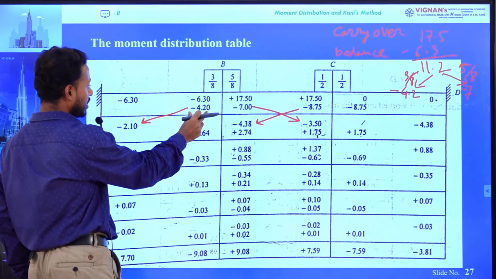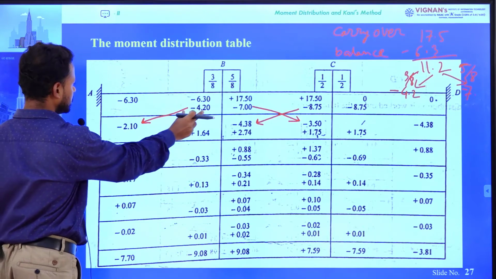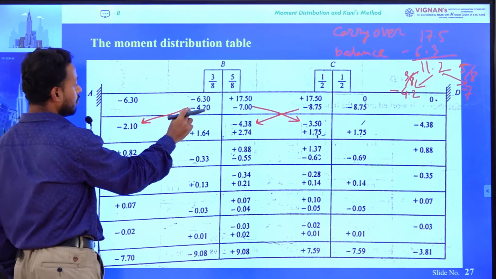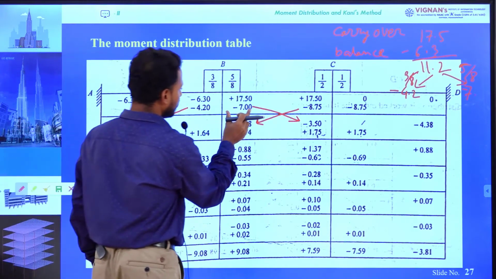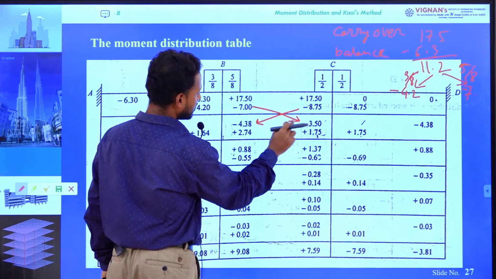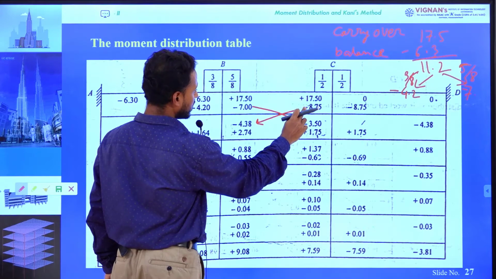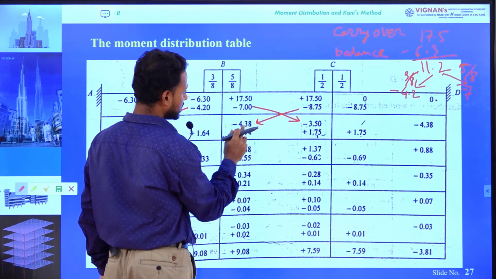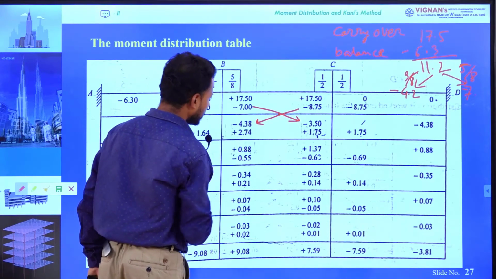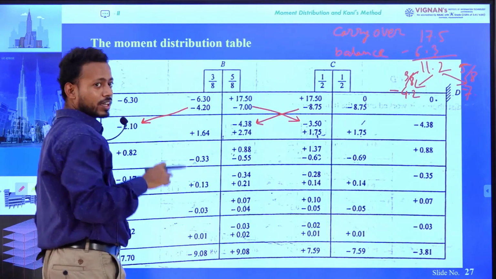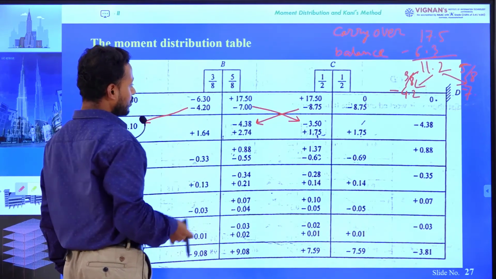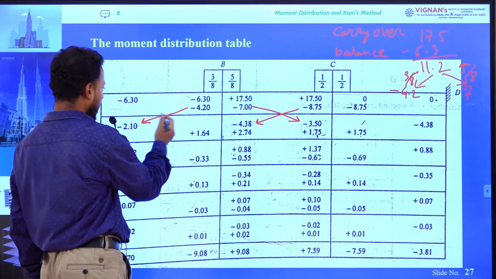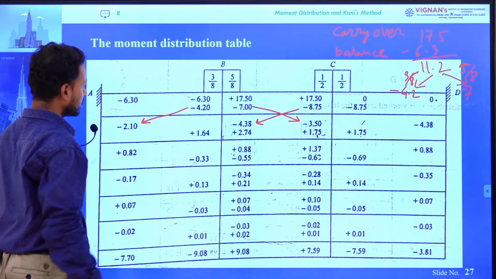When it is carried over, the sign will be the same: minus 4.2, 50% means minus 2.1; minus 7, 50% means minus 3.5; and this is minus 8.75, 50% is minus 4.38. So when you are calculating the balance moment, you keep the opposite sign, and when you are doing the carryover, you keep the same sign.